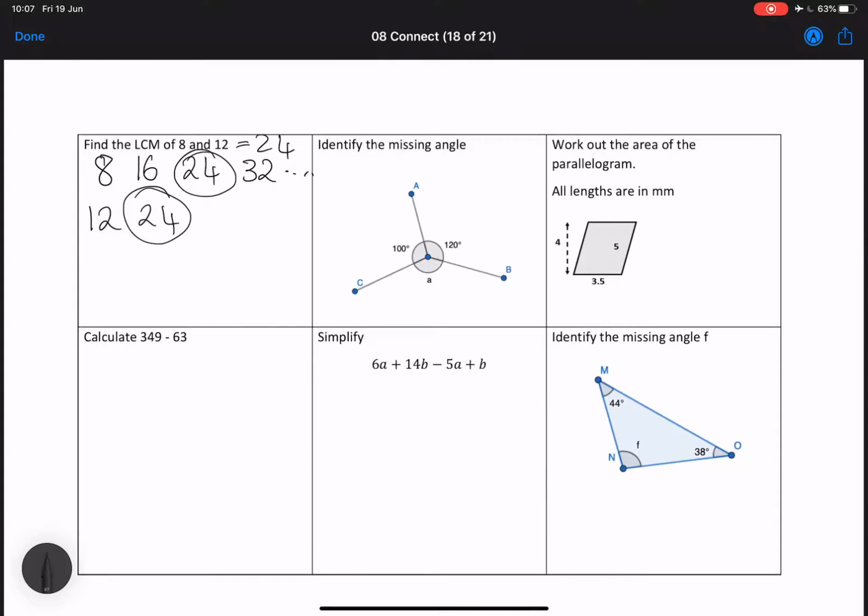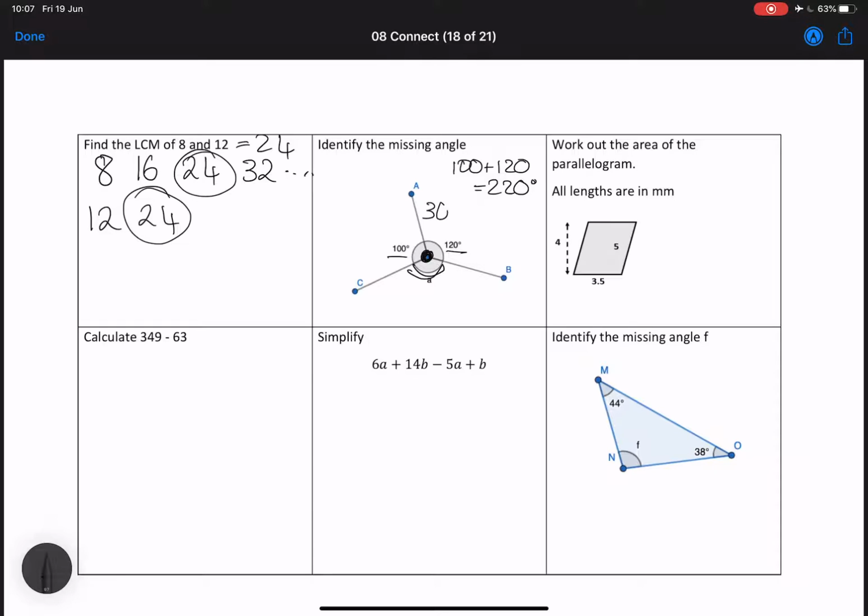The next one, to identify the missing angle, you need to remember the rule that angles around a point add up to 360 degrees. So you have to add these two angles together and take that away from 360. That will give you what's left. So 100 plus 120 is 220 degrees.